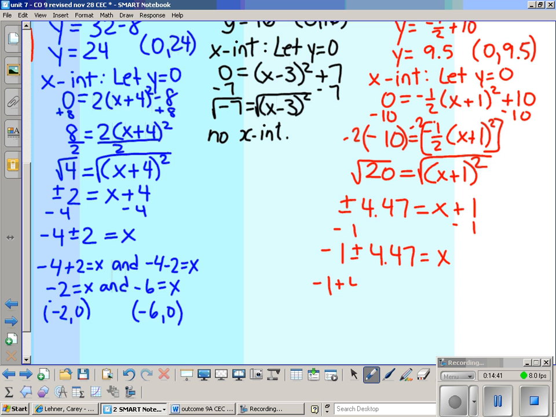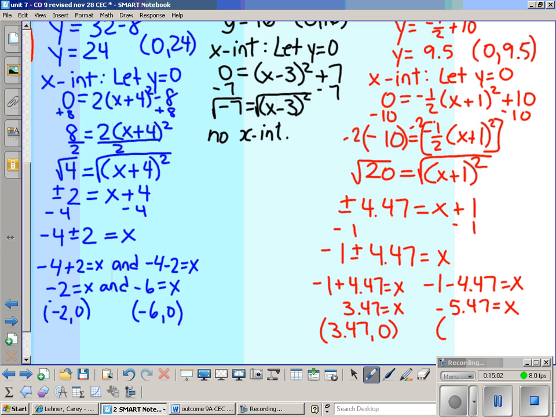Split it into 2. One with a plus, one with a minus. So we end up with 3.47 equals x and negative 5.47 equals x. We can write it as an ordered pair with the x coordinate being first, and you have your x-intercepts.